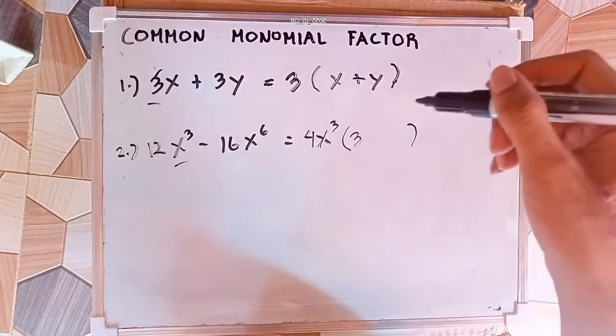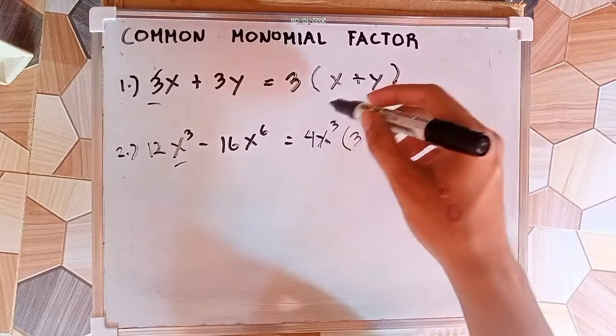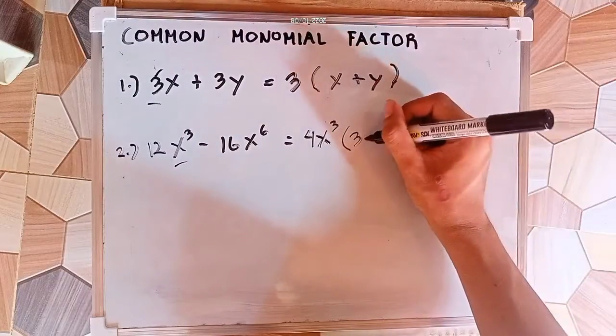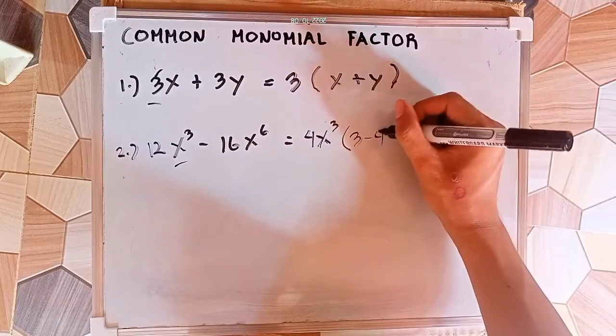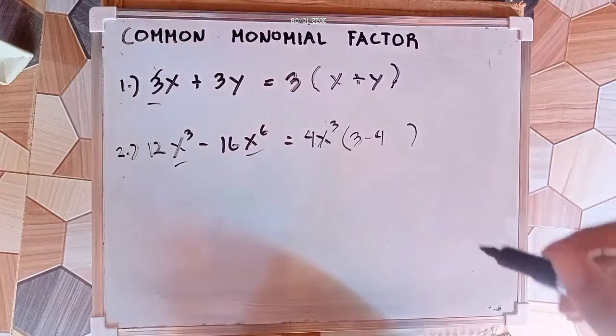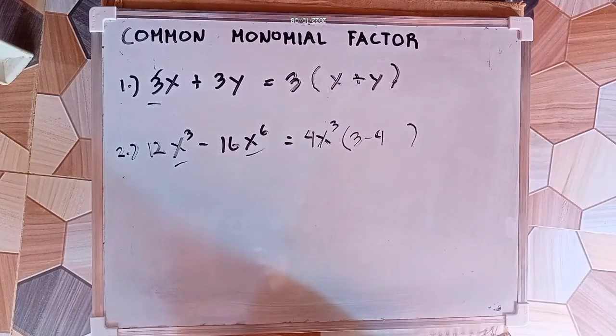Next, negative 16x to the power of 6. Negative 16 divided by 4, that is simply negative 4. In our x variable, x to the power of 6 divided by x cubed.